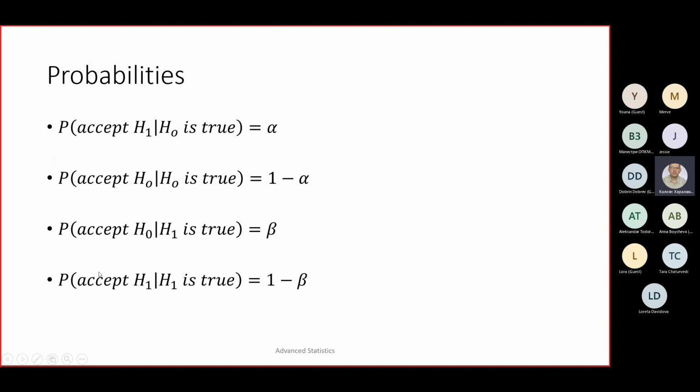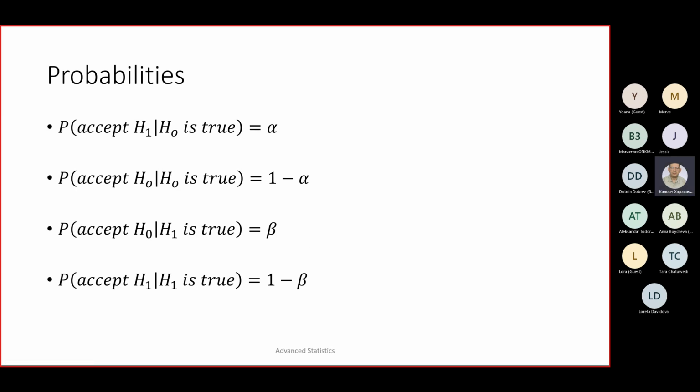Then the probability to accept the alternative hypothesis when this alternative hypothesis is true is 1 minus beta, or 100% minus beta.